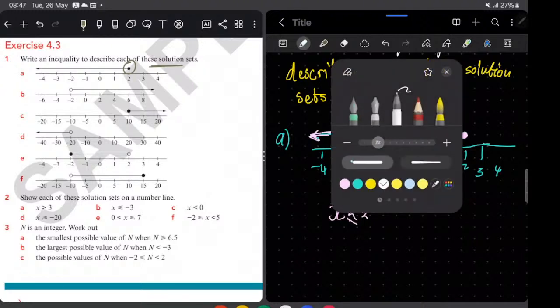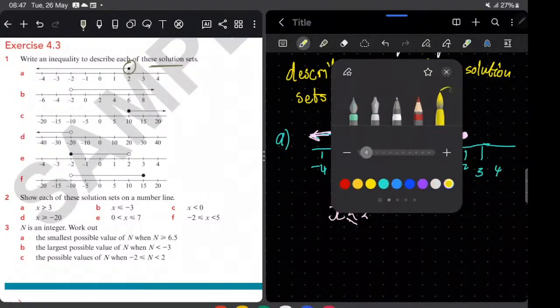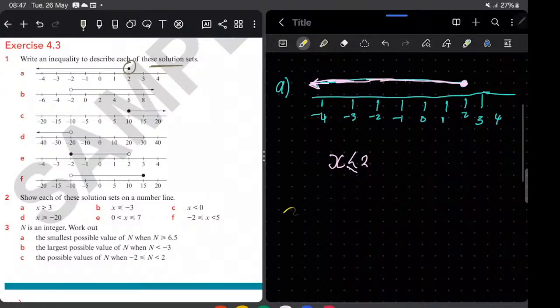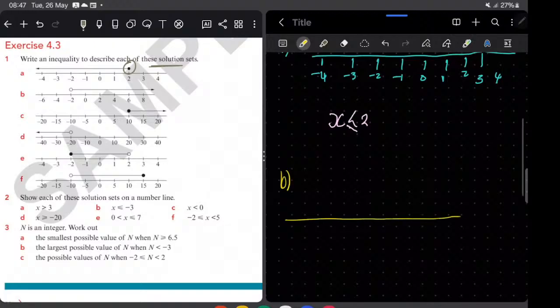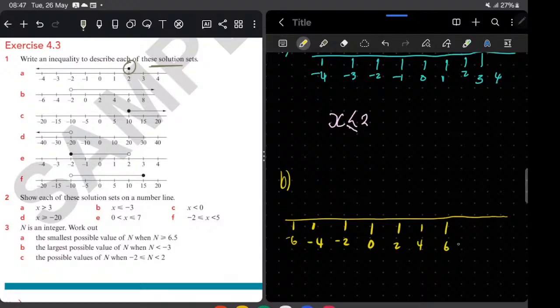So if we go to the next one, which is the B, and we'll put the number line as well. You can see that on B, they're now using 2, 4, 6, 8, which means they wanted it to cover a few more positions. -6, -4, -2, 0, 2, 4, 6, 8.